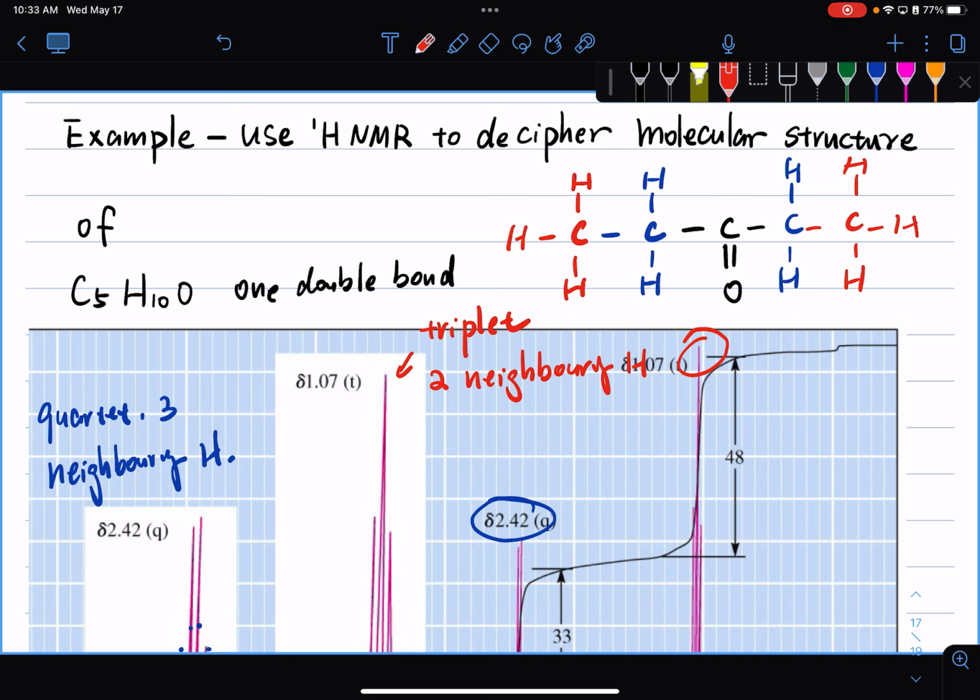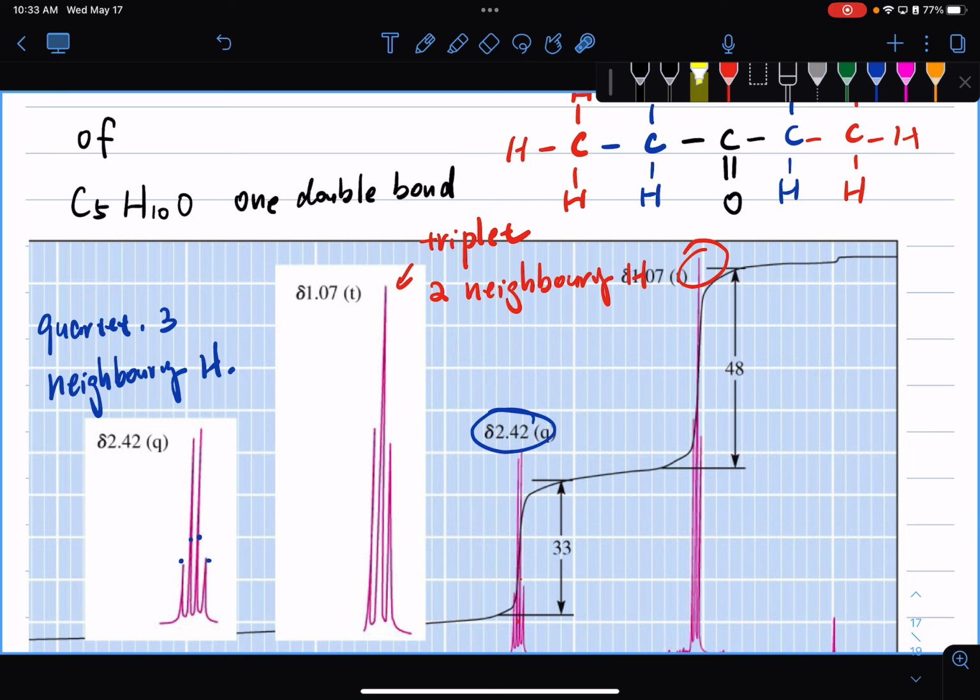If you think about it, my blue peaks are more deshielded compared to my red peak. And one of the reasons my blue peak is more deshielded is it's attached to a carbonyl group. If you check the table, you'll see that the CH2 attached to a ketone group will have a chemical shift around 2.1 to 2.6, which is right in the middle here.